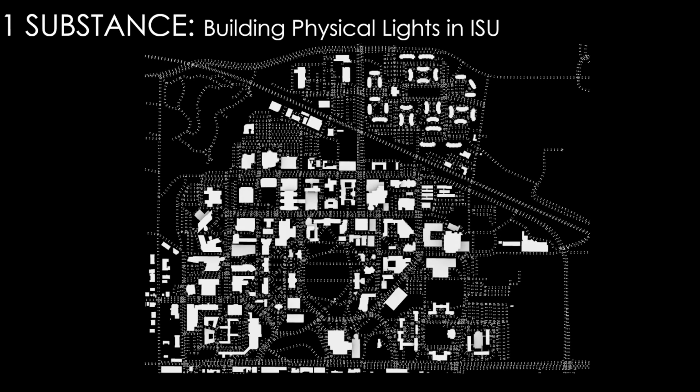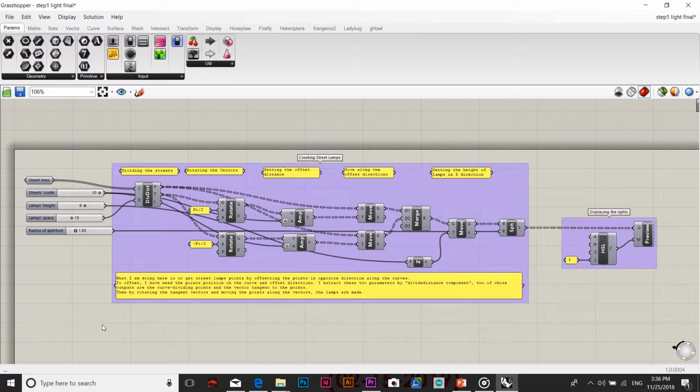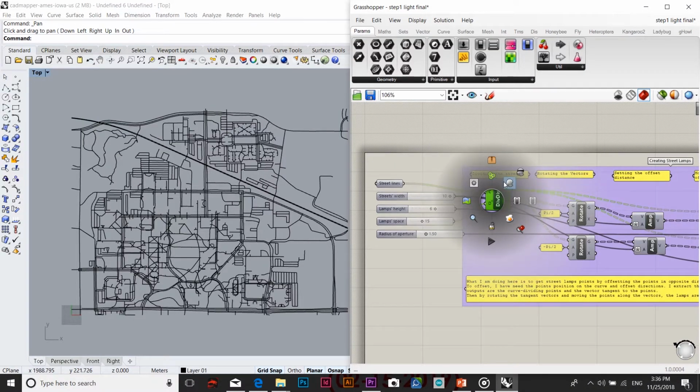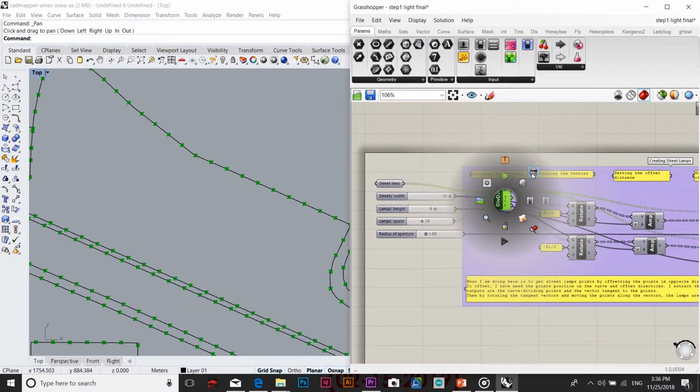Step 1. Substance. Building physical lights in ISU. I made this mainly by offsetting the points along the curve in opposite directions. As you can see, firstly I imported the street maps of ISU, and then by dividing the street lines at a certain space, I can get a series of points along the curves and the vectors tangent to them.